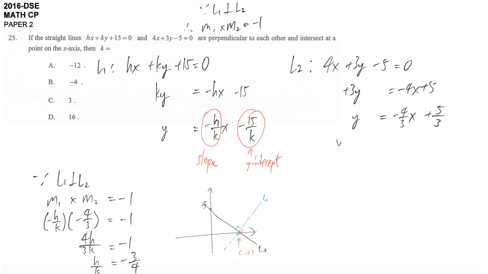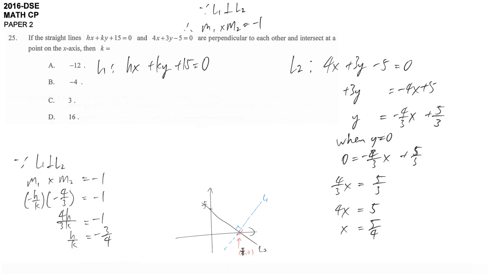So when y is equal to 0, what is the corresponding x? Both sides times 3, both sides divided by 4. So we get 5 over 4 here, and it also fulfills this requirement.